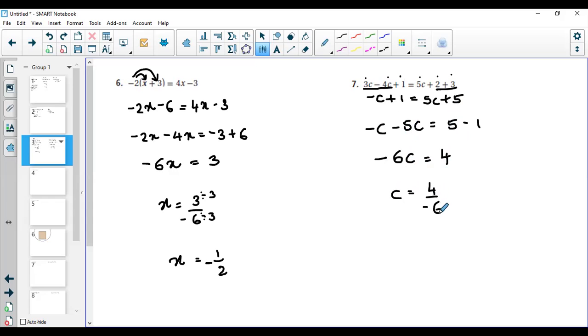Now, as you can see, again, it's the same case. We cannot divide these two, but we have to check if we can simplify. So simplify that with 2. That will give you 2 over 3. Are we done? No, you should not forget the negative sign, as you are dividing by a negative 6. So your answer should have a negative sign as well.